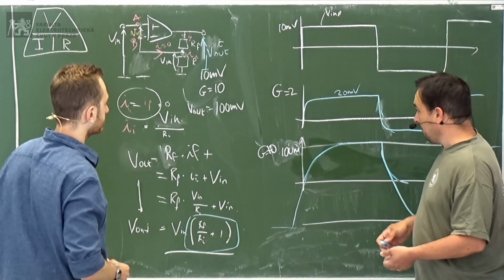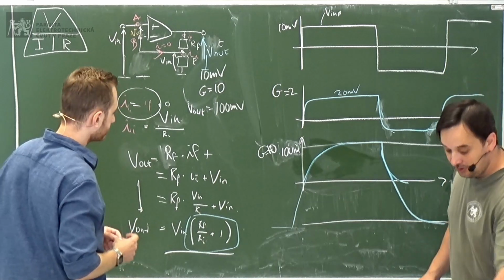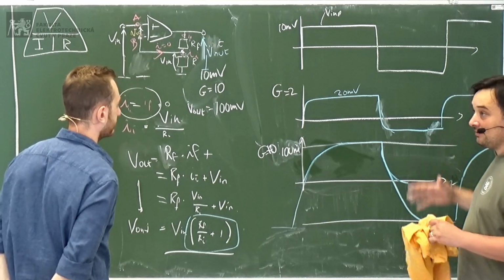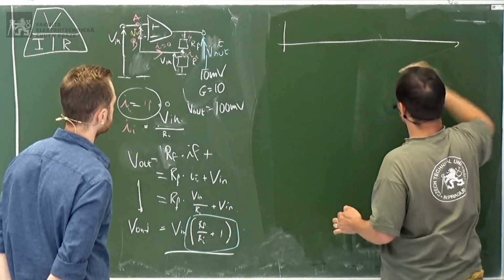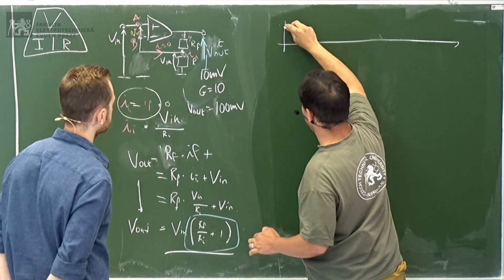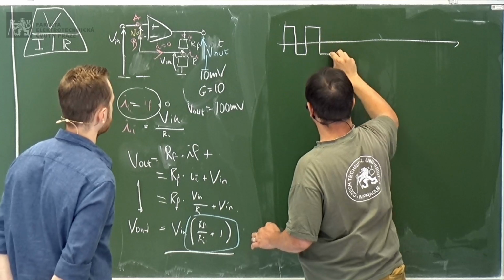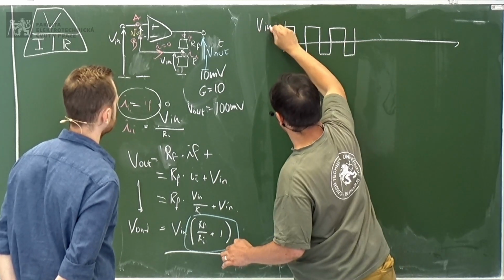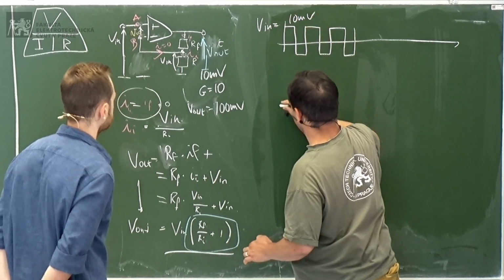Okay, so let's now take this figure and see what happens if we squeeze the frequency, if we increase the frequency. Still, we have 10 millivolts at the entrance, but it's going to be this fast. So this is the input voltage, which is 10 millivolts.